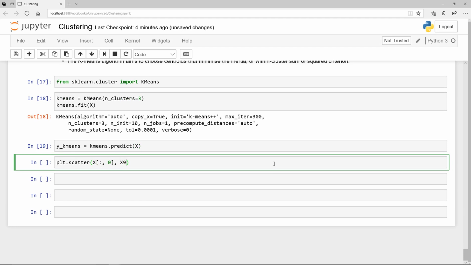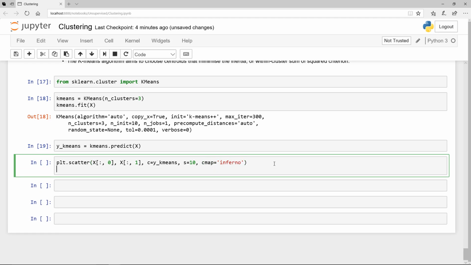The next one is all of the data from the second column, and then the color is the y_kmeans that we have estimated. This is the size, and then for the colormap, I'm just going to choose inferno.